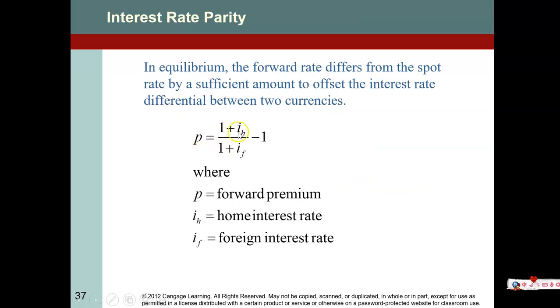P equals 1 plus IH divided by 1 plus IF minus 1, which could be equal to 1 plus IH minus 1 minus IF.